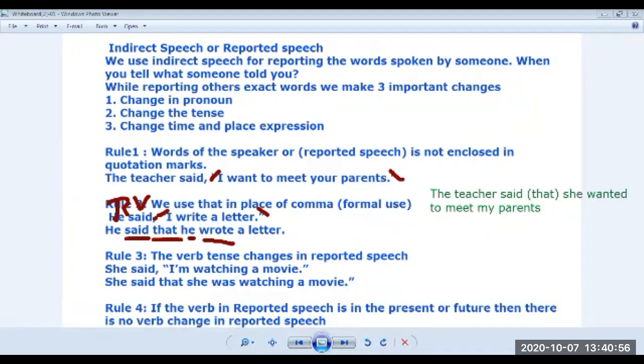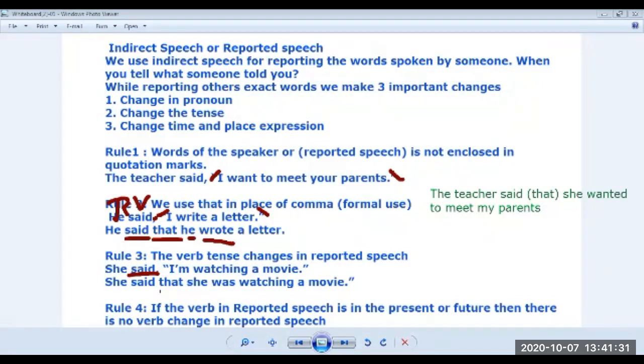Now let's take rule number 3. The verb tense changes in reported speech. She said, I'm watching a movie. Now we have the verb. The reported verb is said. It's a girl now, so she said that. The comma is gone. In place of the comma, we put that. Now, I'm watching a movie.